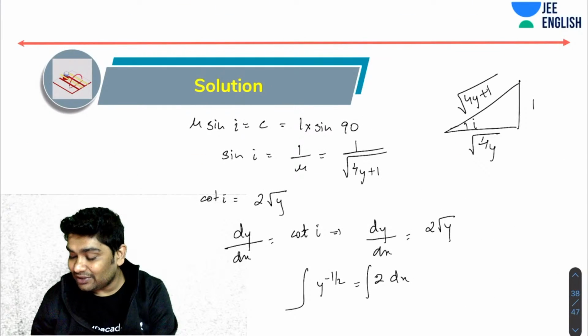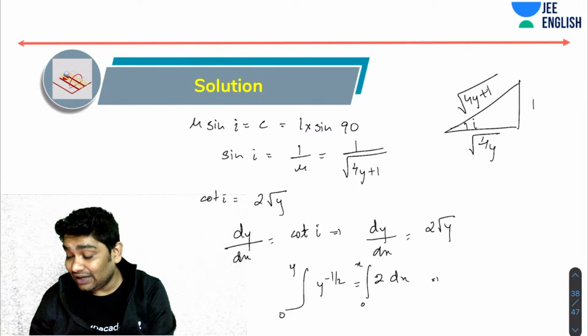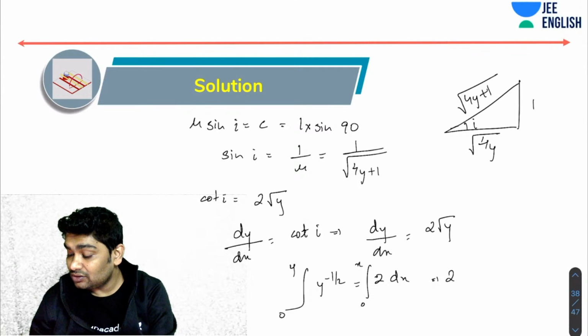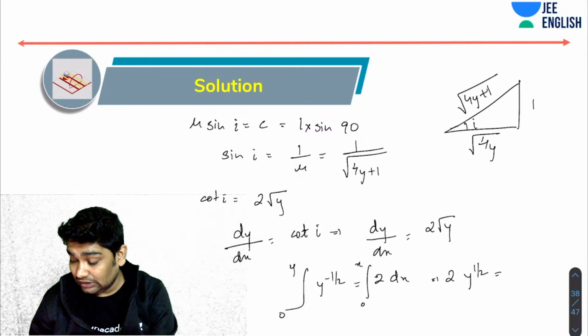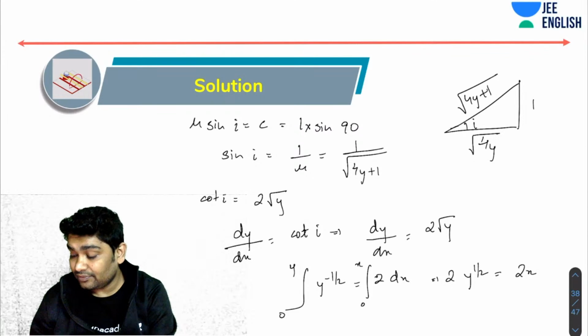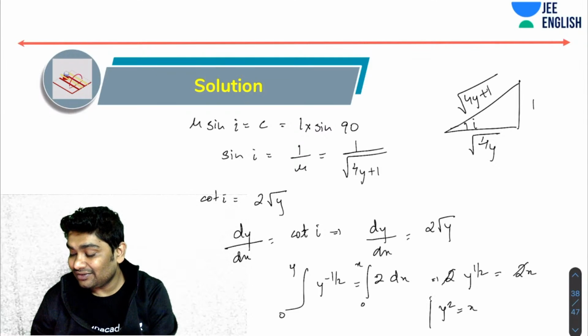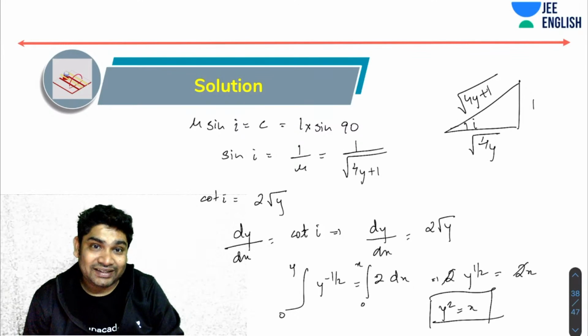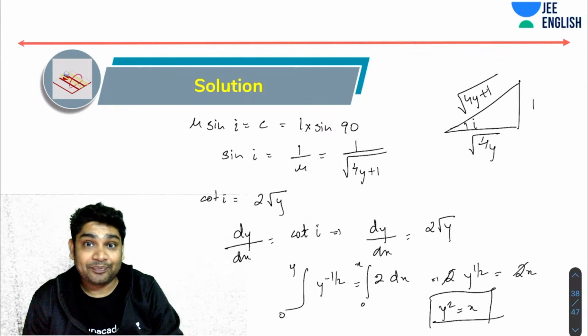So our integration limits are going to be 0 to y and 0 to x. So what will that give you? That will give you 2 y to the power half equals 2x. So the equation of the curve is y square equals x. That is the equation of the path taken by the light for such a medium.